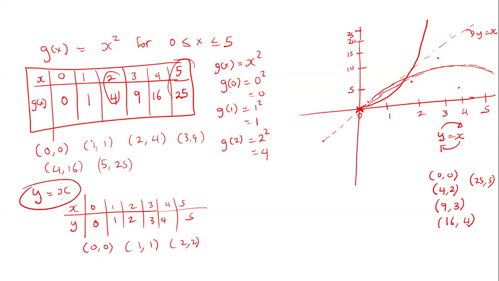Anything concerning reflection of a function to get an inverse, in other words, let me put it clear, when a function is reflected to get its inverse, it is always y is equal to x. No matter the function they have given you, as long as you are obtaining the inverse of any function, it is always along the line y is equal to x. Let me hope that is okay.